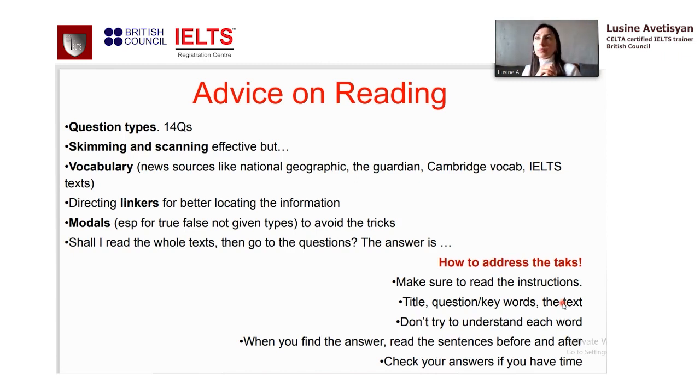Also, one of my favorites is the Cambridge Vocabulary for IELTS book. This book contains 20 units on different subjects, and this vocabulary list later on comes up many times in academic reading and not only.